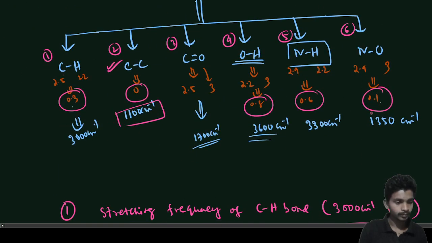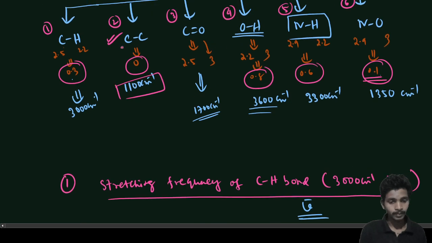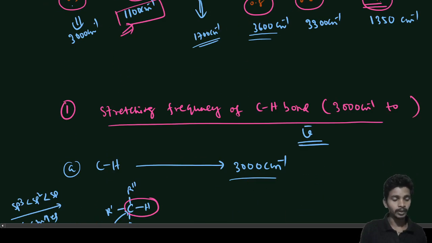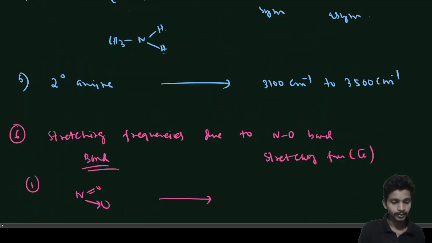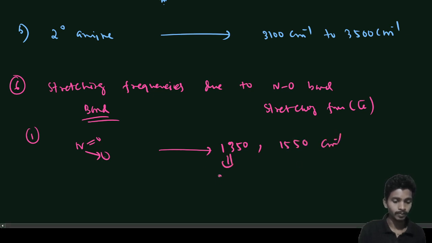The polar difference is very less, so we get very low values. One is 1350 and another is 1550 centimeter inverse. The lower is for symmetric and the higher is for asymmetric.